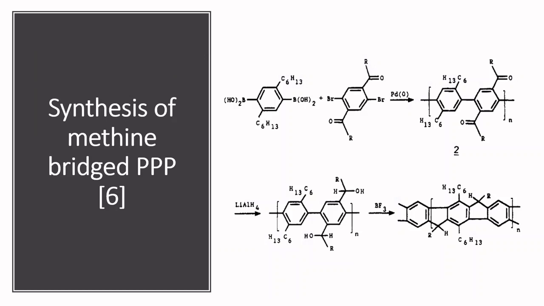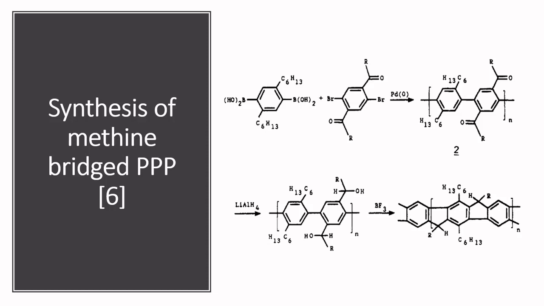Let's finish off where we started, with another synthesis, this time of methane-bridged PPP. As you can see, it is a copolymer reaction, as we need rings with substituent groups and other rings that will form the bridges between the rings. Now what's crucial is that this forms what's called an alternating polymer, where there is none of the same rings bonded to each other.